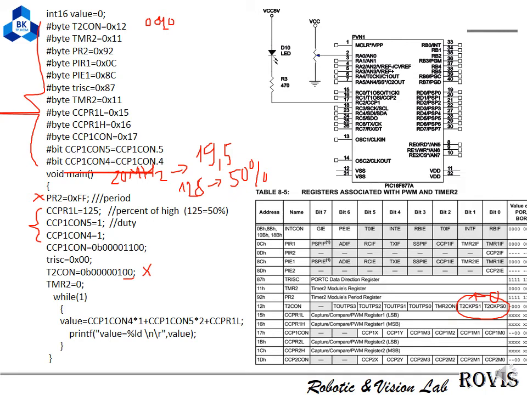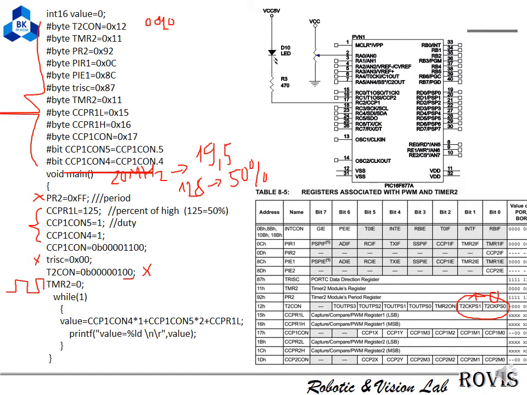So we give the value for the duty value, and then we set the switch to 0 for the output.